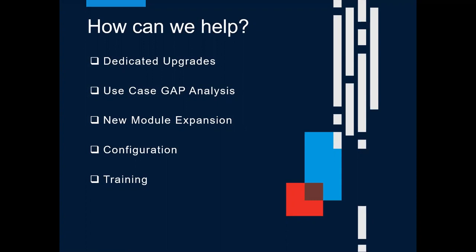Within those upgrades, we can also do enhancement packages to make sure that any configurations or changes or things that you want us to help you develop and configure or customize within the application is done through that process as well. And then secondly is looking at what I call a gap analysis. We realize that we're in these systems every day.